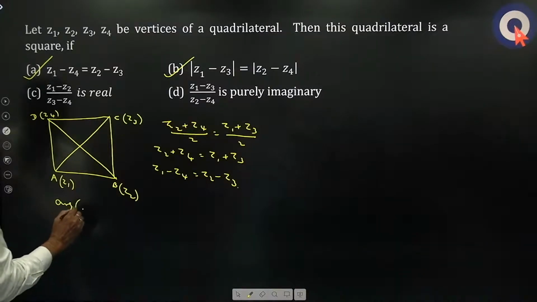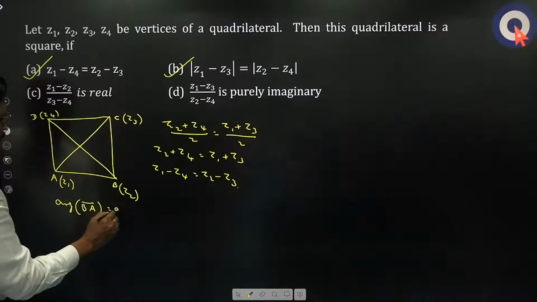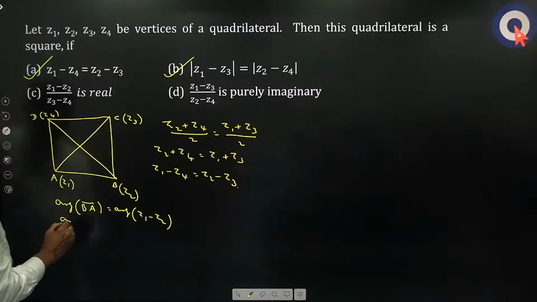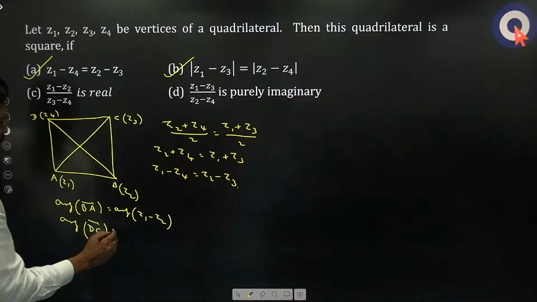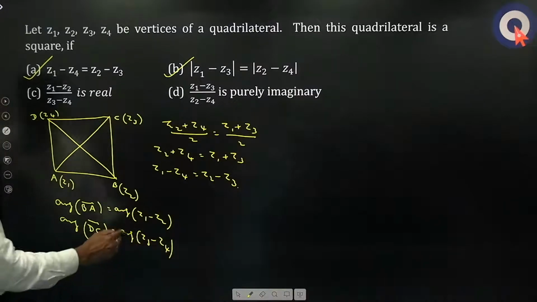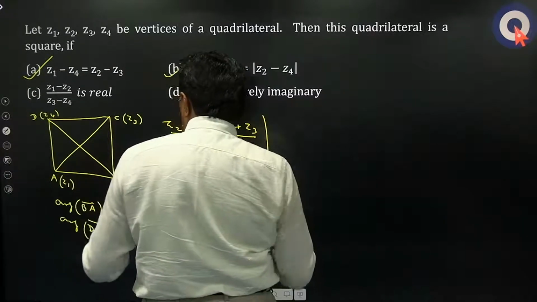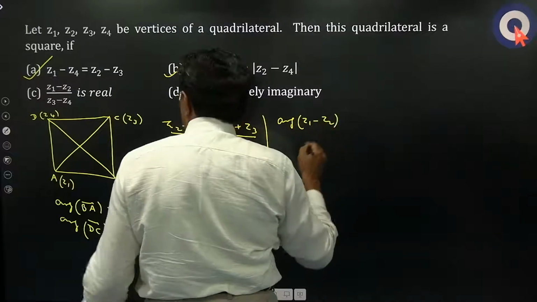AB or BA, argument of BA is what? It is argument of Z1 minus Z2. Next, argument of DC is argument of Z3 minus Z4. So if they form a square, then these two lines should be parallel.